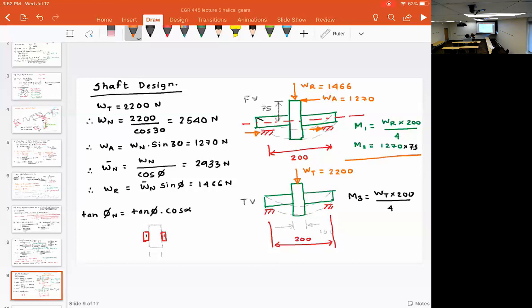So this will be M bar, which is M1 plus M2. And the total moment, MEQ, or M total or M resultant, is going to be square root of M bar square plus M3 square. Does it make sense?